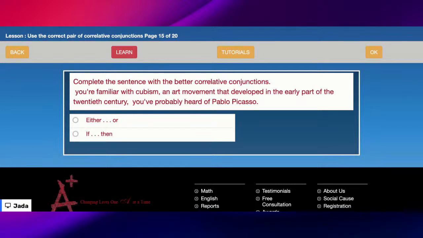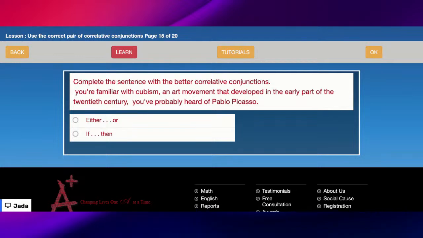Dash, you're familiar with cubism. Okay, so now either-or, if-then. So it's dash, you're familiar with cubism, an arts movement that developed in the early part of the 20th century.